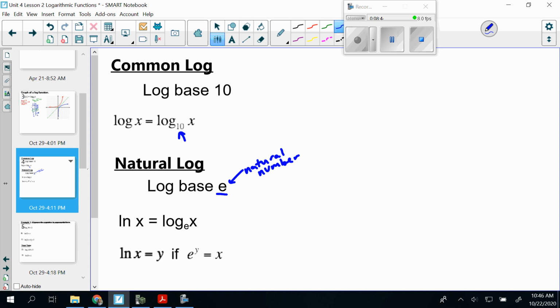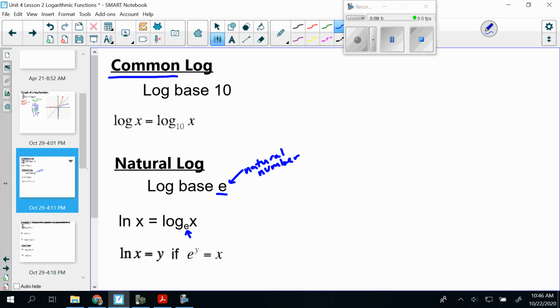Because this one is, like its name, common, if you just see log with no base written like here, that means it's understood to be 10. It is used a lot when working with scientific notation.